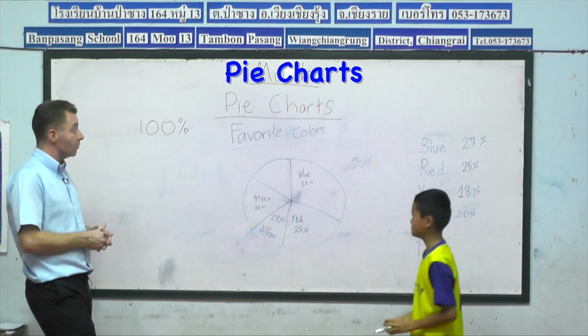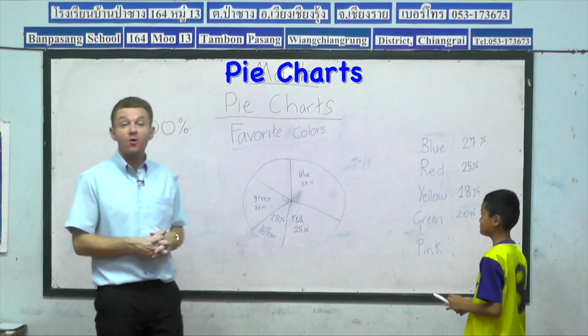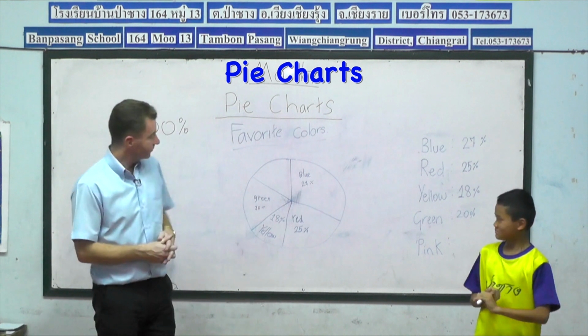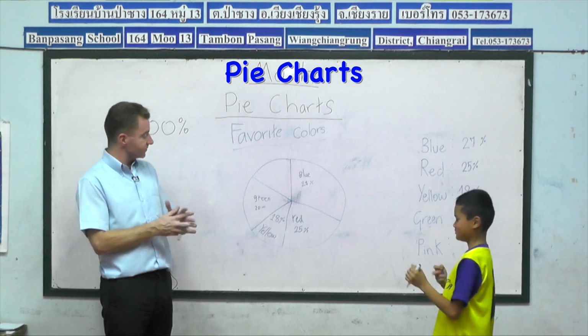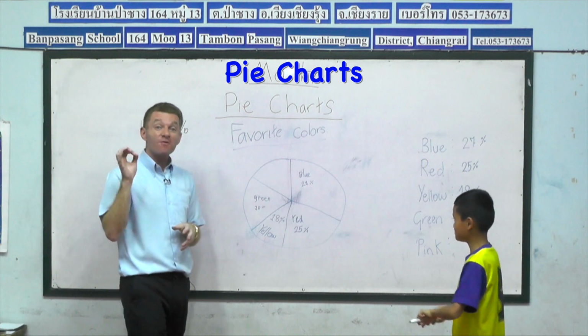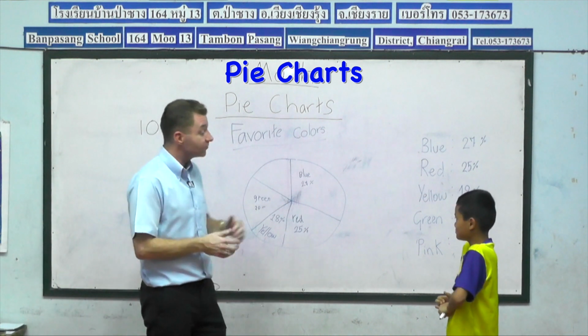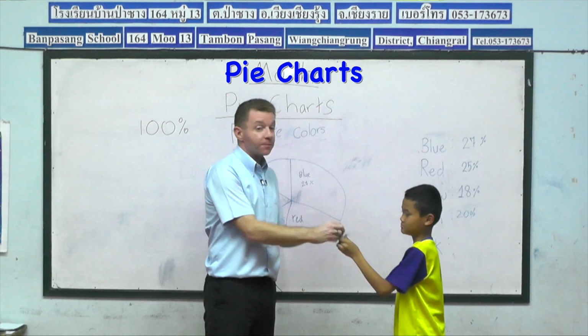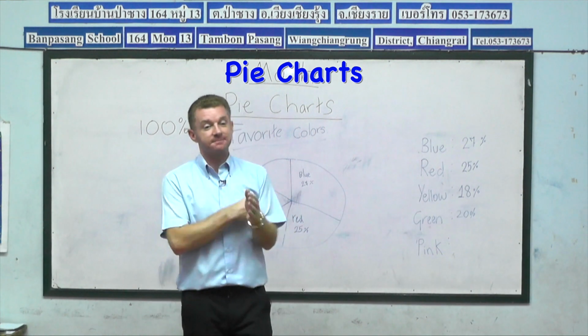Okay, so now we've got green slice of pie for 20%. So far, if we add up all of the different colours, we're at 90%. So now we need our fifth and final colour. Chu, very well done. Big round of applause for Chu, please, guys.